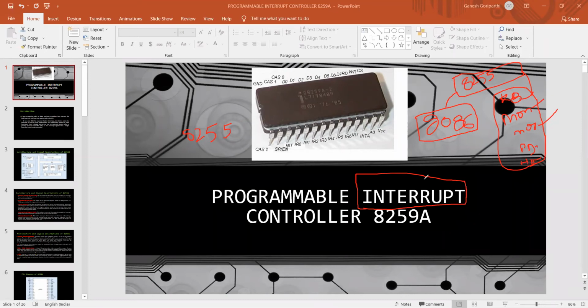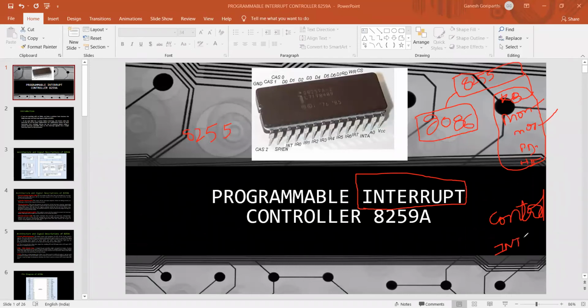While discussing the 8255, we discussed some control signals. Hope you all remember that. One of the control signals was INTR, interrupt request.